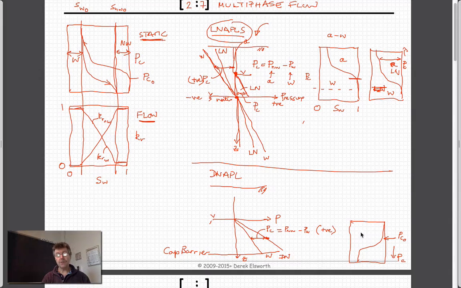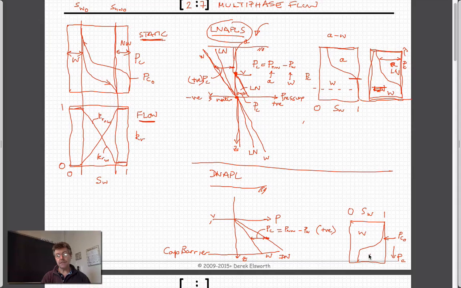And this is going to be the water part. This is the saturation of water. This is still 100% and 0%. So all I've done is I've taken this figure here and I've flipped it around this axis, that's all. I don't know how to show that in the window.